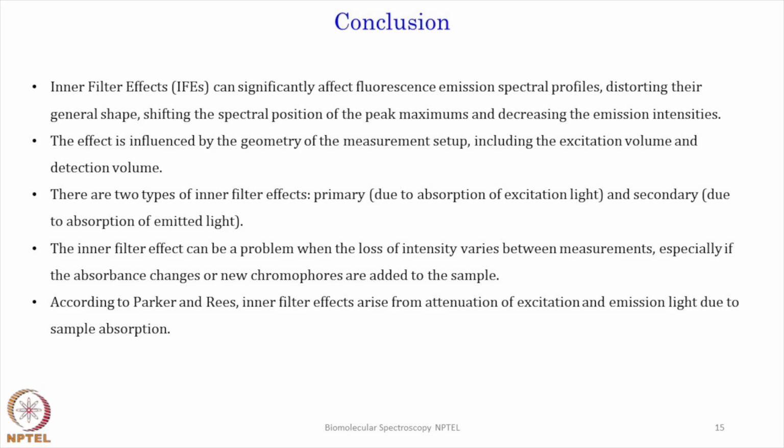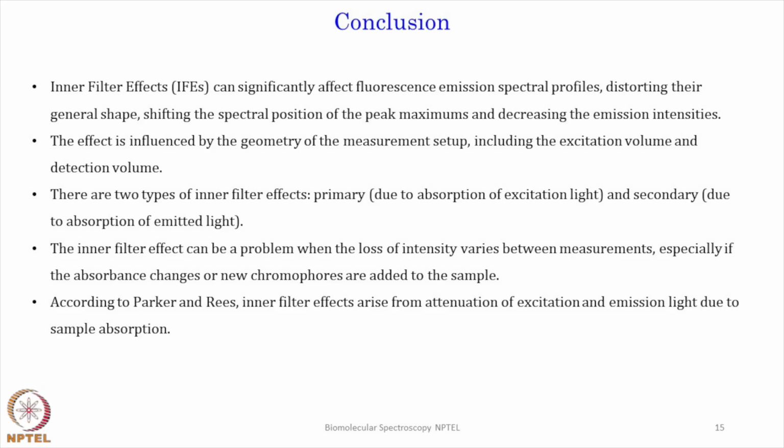So, what we can conclude: the inner filter effect can significantly affect the fluorescence emission and distort its shape; it can shift the spectrum, the maxima can change, the emission wavelength can change.